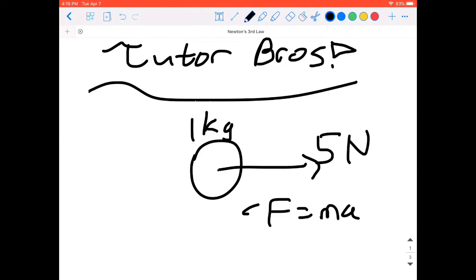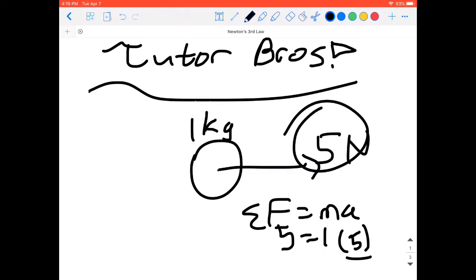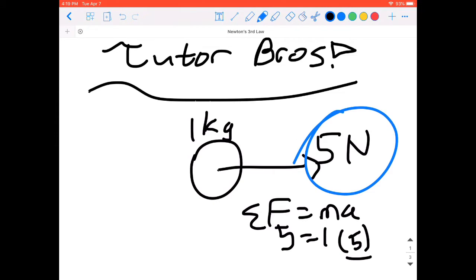Well, force is equal to mass times acceleration. Well, net force. That's Newton's second law. So Newton's third law would kind of do it weird. So the force is 5 newtons, the mass is 1 kilogram, and then the acceleration would have to be 5 meters per second squared. However, Newton's third law states every force must have an equal and opposite reaction.